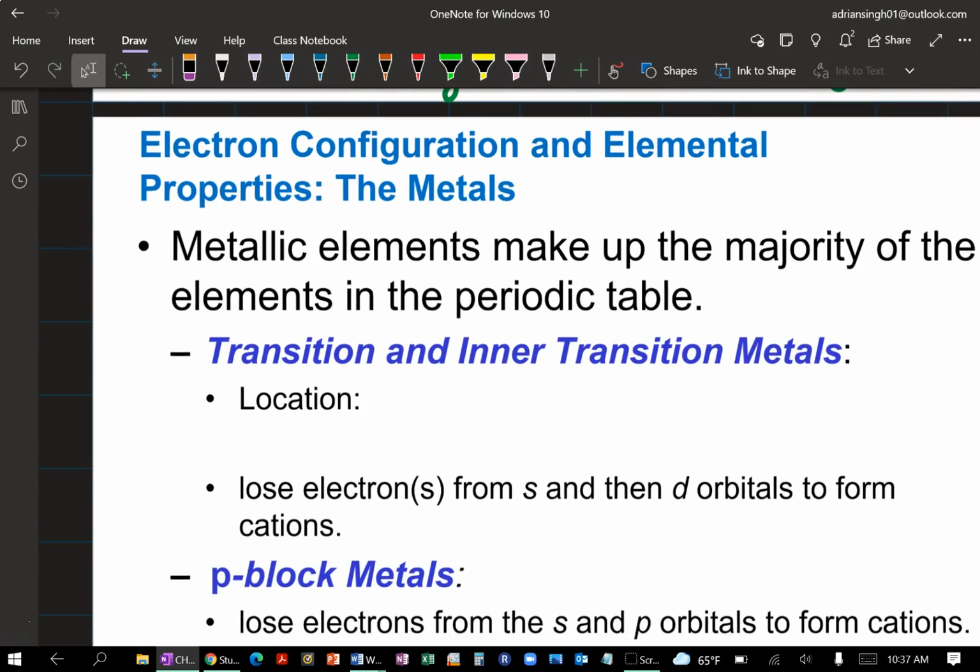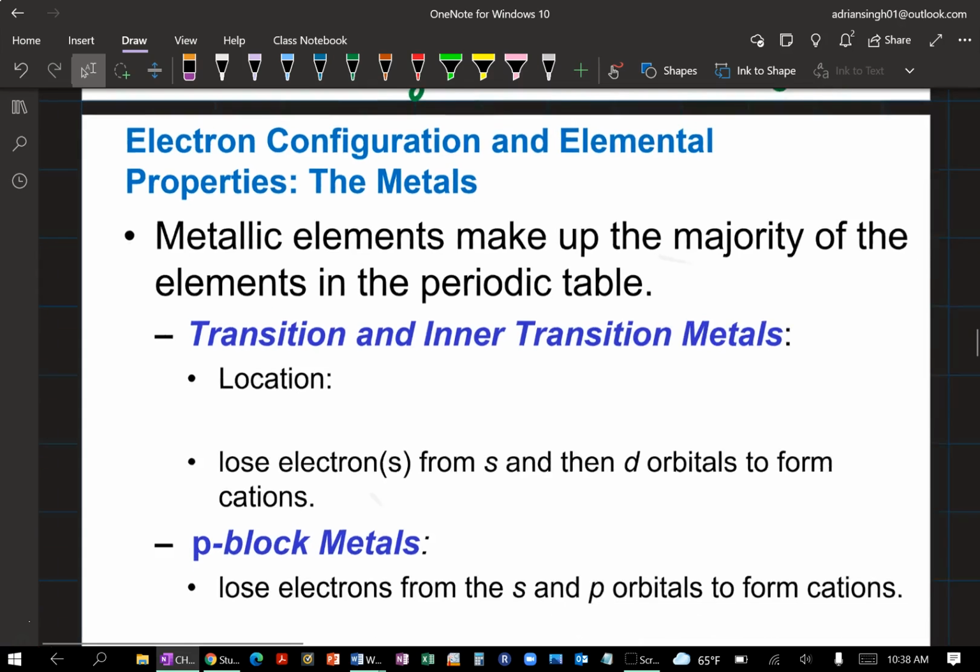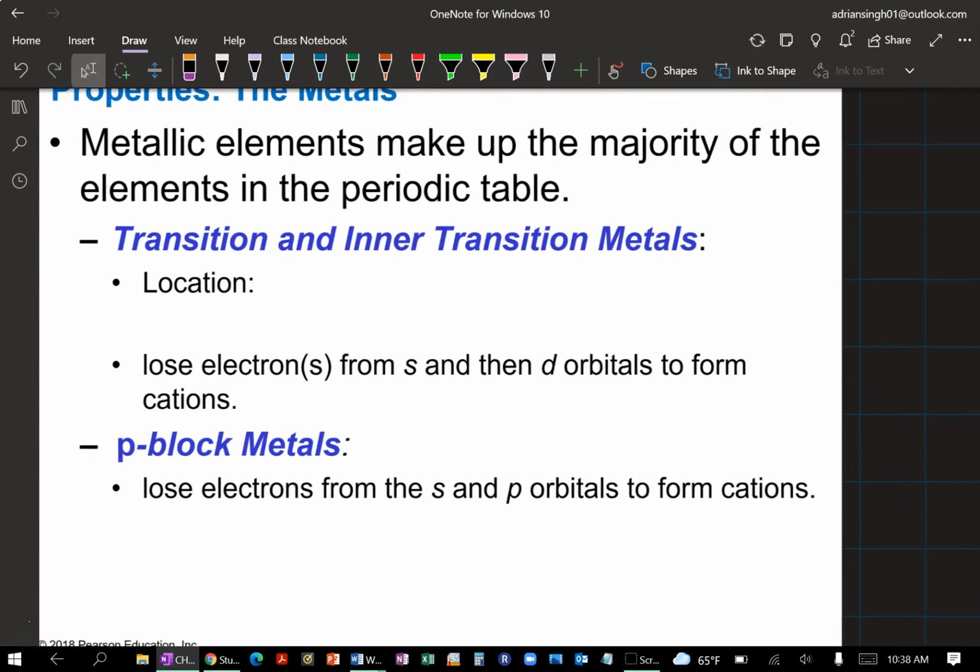We mentioned that the metallic elements make up the majority of the elements in the periodic table. Out of those, a lot of them are found in both the transition and the inner transition block of the periodic table. Remember, the transition and the inner transition metals are located in the middle, that big depression in the periodic table.